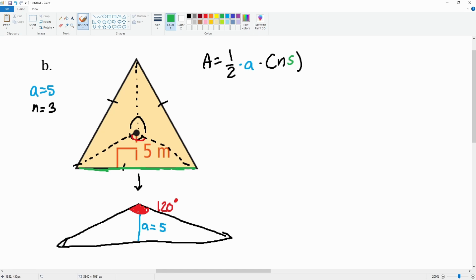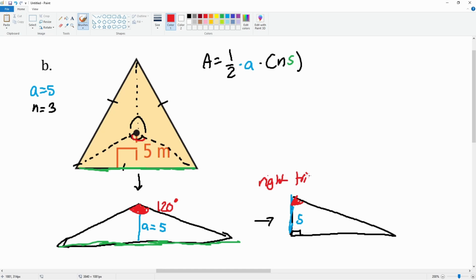So what we can do is take a look at just the right triangle. The apothem here was 5. The angle here though, because we're looking at the right triangle, we have to half it. This becomes 60 degrees. And this is our opposite right here.